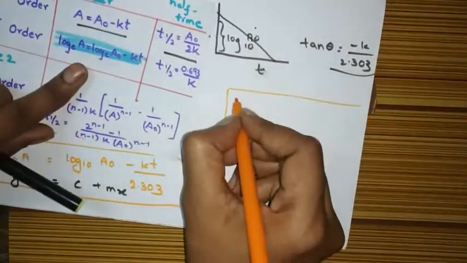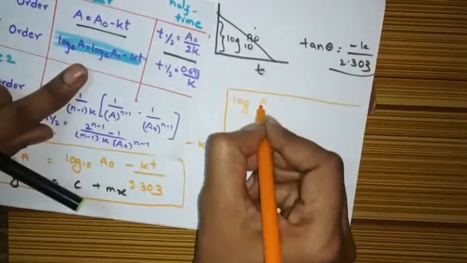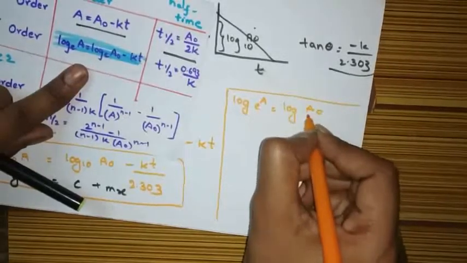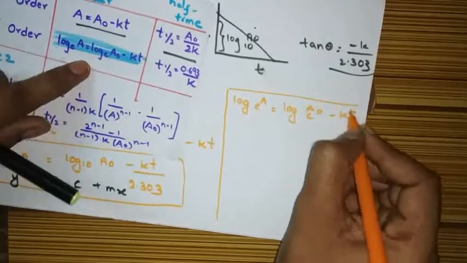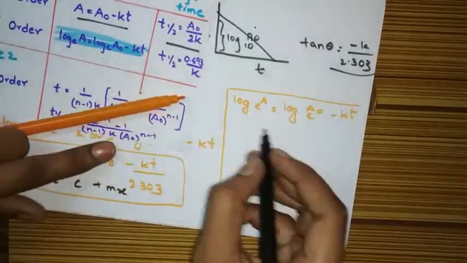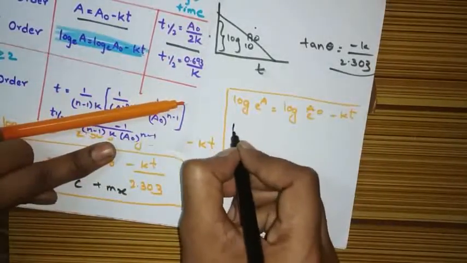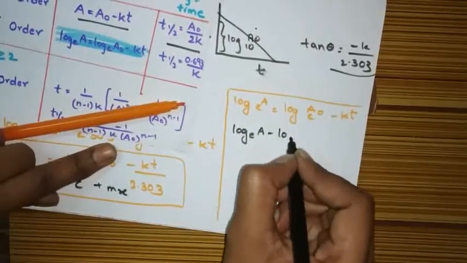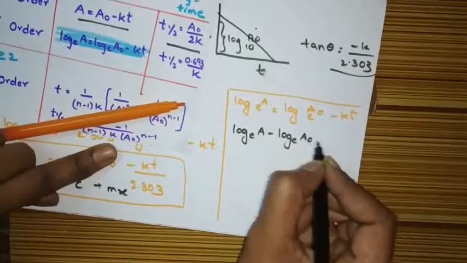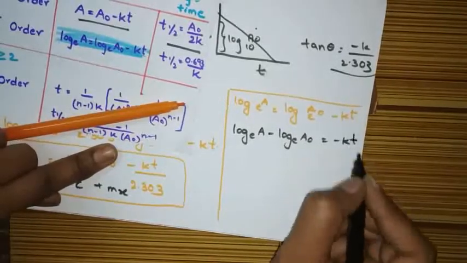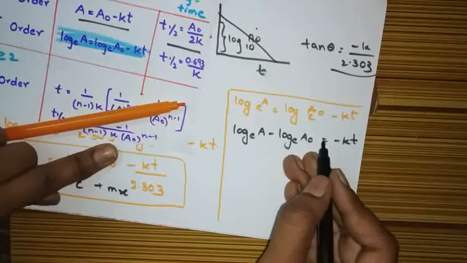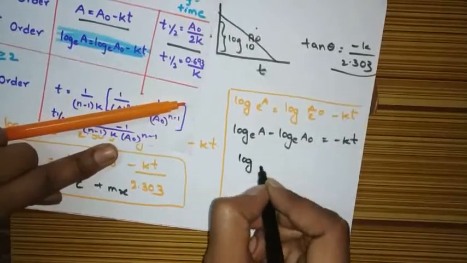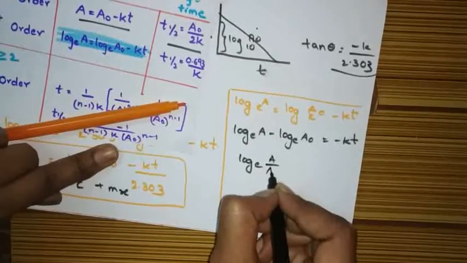So write this. What you will do? Log A minus log B is equal to log A by B. This is the log formula.